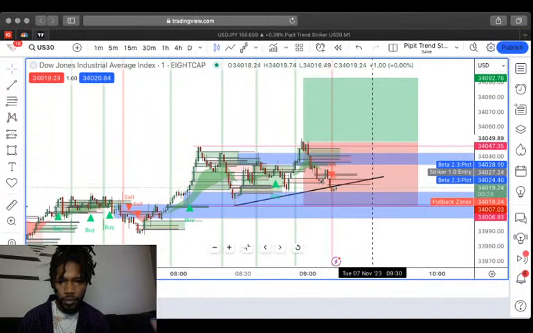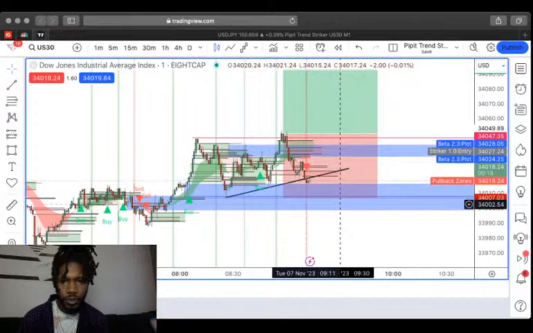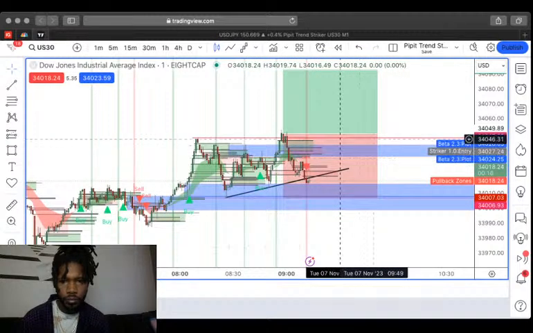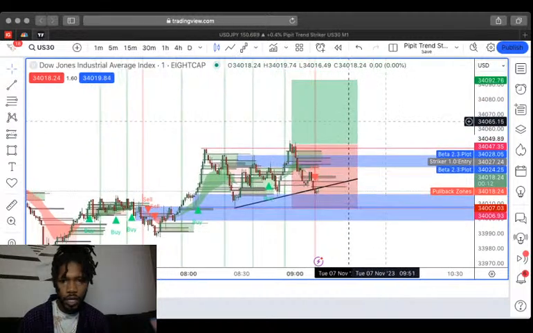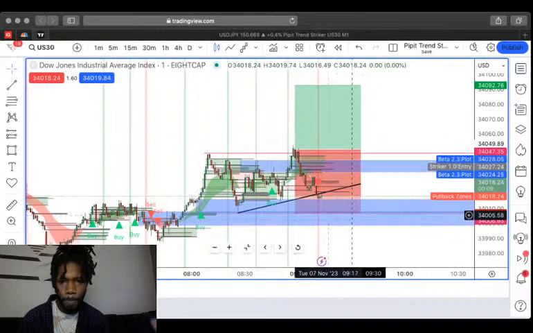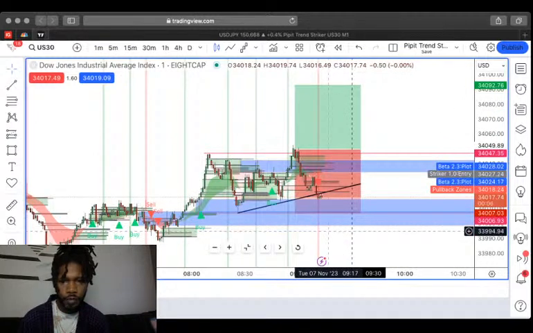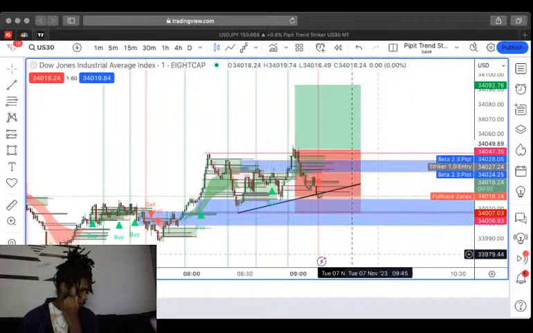We do have a break with a sell. Not only do we have the beta sell, we have the striker system sell. So yeah, we just have to keep an eye on this. If we get a break below, yeah, I'm just gonna let this rock out for now. I'm gonna let it play out.